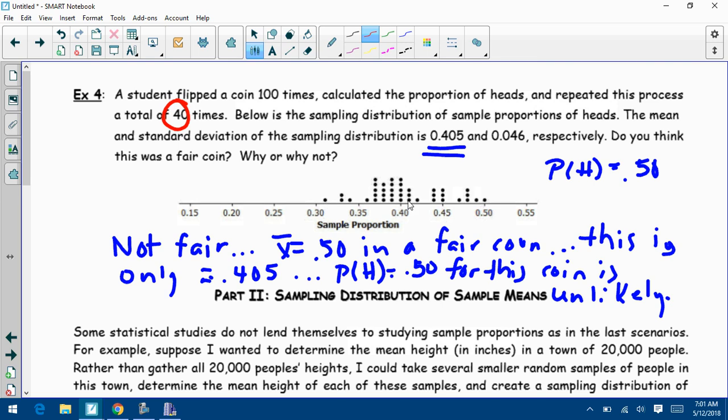So they only did this trial 40 times, but each individual trial is 100 coin flips. That's what they're showing you. And they're showing you the average proportion of heads out of those 100. So if I got 40 out of 100, then I'd have a dot right at 0.40. If I got 50 out of 100, I'd have a dot at 0.50. That's what I'm looking at.